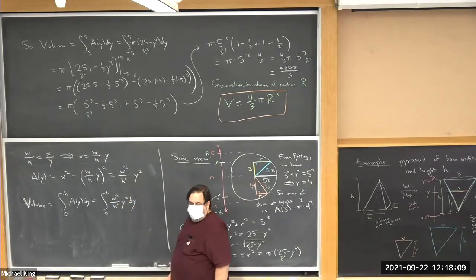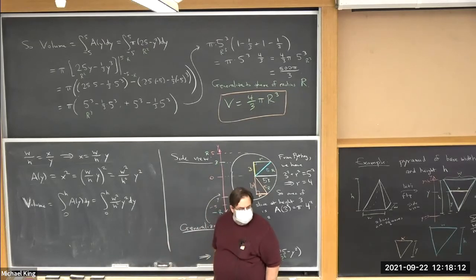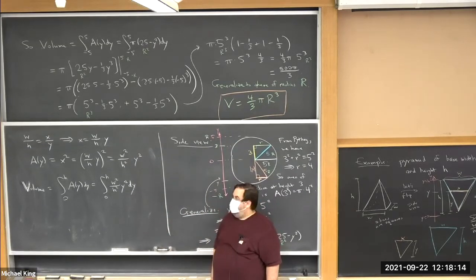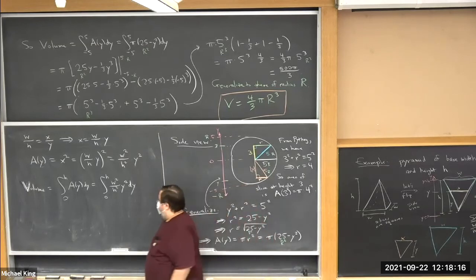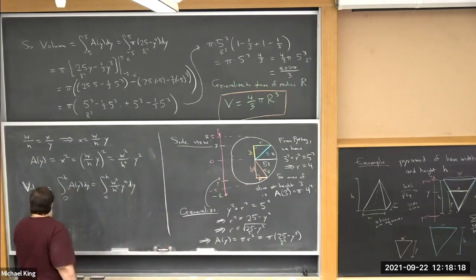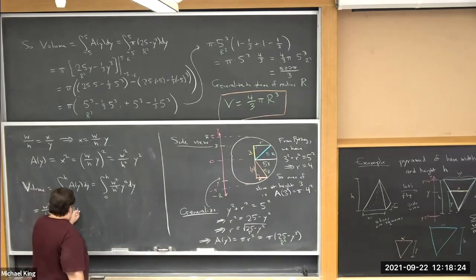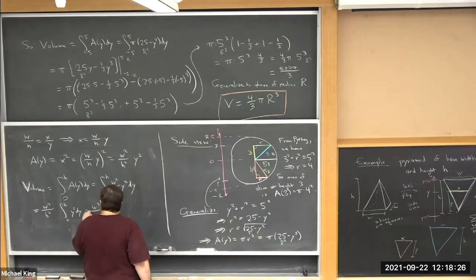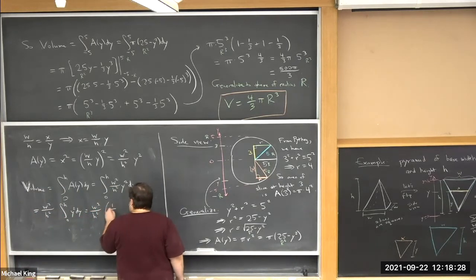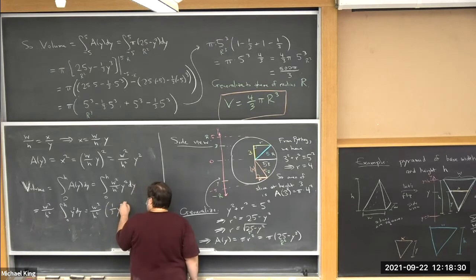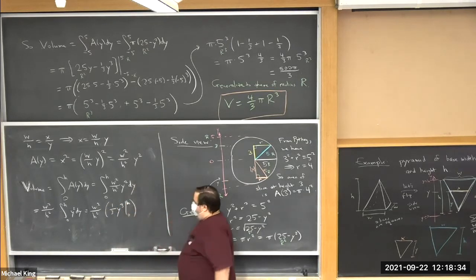And the W squared and the H squared are constants, so I can pull those out. Integral 0 to H of Y squared. And so we get 1/3 Y cubed from 0 to H, right?